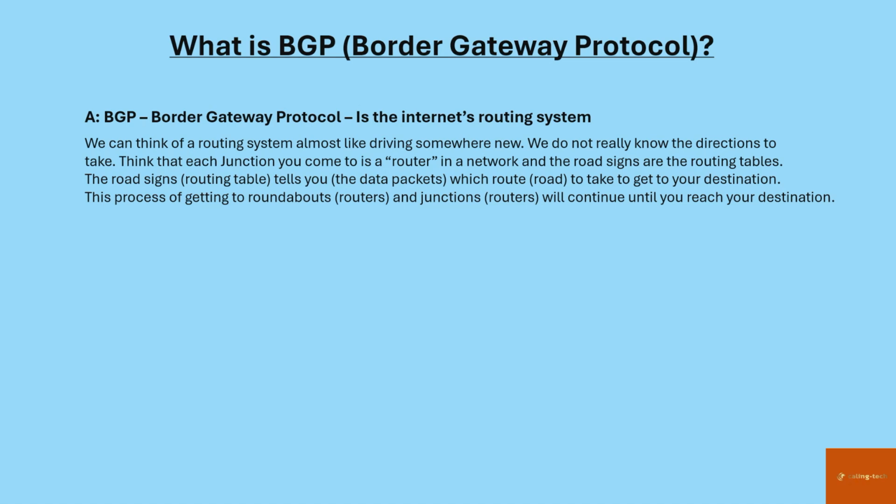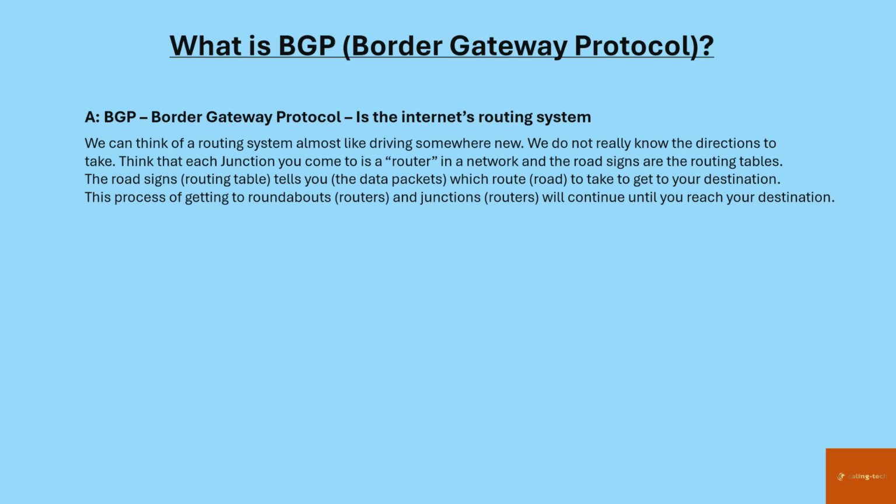As you're going along to that destination, think to yourself that every junction you come to is a router. You're a piece of data in your car. You get to a roundabout or a junction, and you can call it a router. And there'll be signposts telling you where you need to go for the next hop towards your destination.